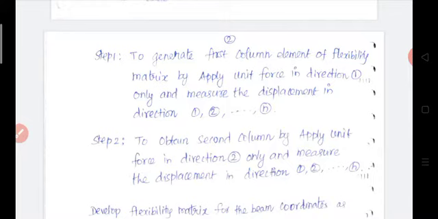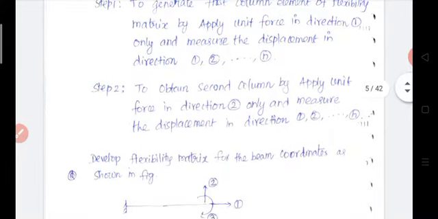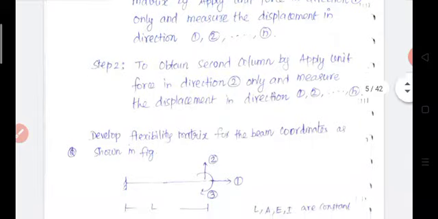This is for the first column of the flexibility matrix. Then the second column is determined by applying unit force along the second coordinate direction and measuring the displacement in first, second up to n coordinates. So let us see the example.